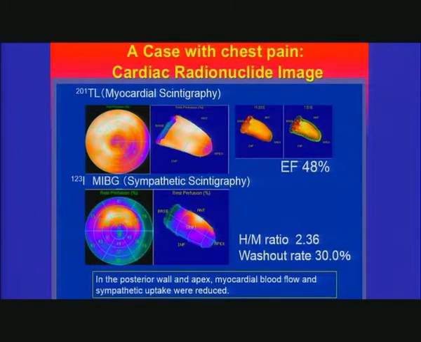So we performed radionuclide imaging, and in the posterior wall and apex you can see reduced flow, with an ejection fraction of 48% at that time. MIBG scintigraphy also showed reduced sympathetic uptake in the inferior and posterior walls. The heart-to-mediastinum ratio of 2.36 was a little decreased, and the washout rate of 30% was increased.